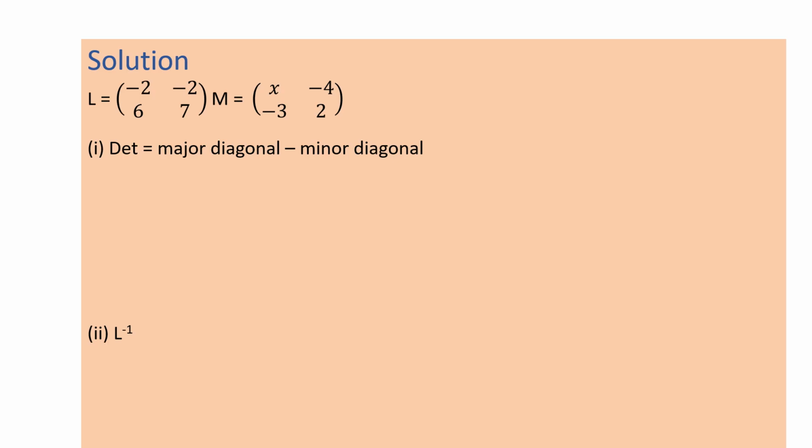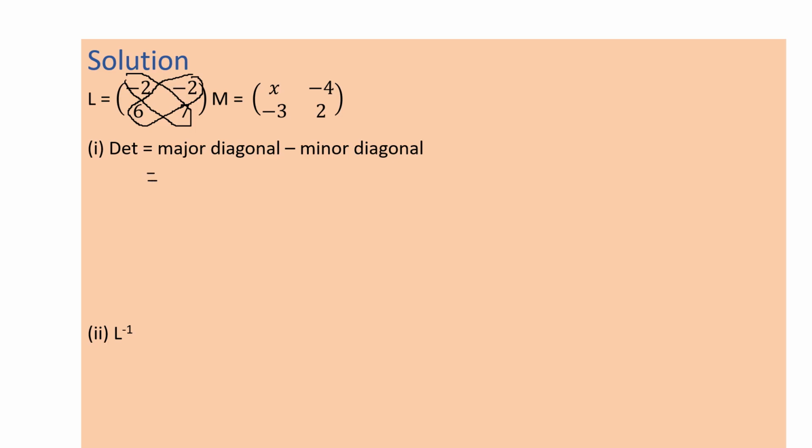Like for L, the major diagonal we have is -2 and the 7 here. This is the major diagonal, and then the minor diagonal is this one. So in this case we find the determinant of L.